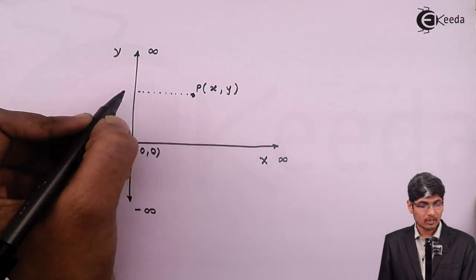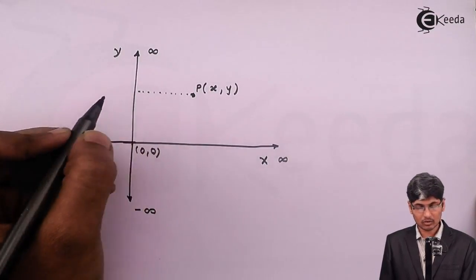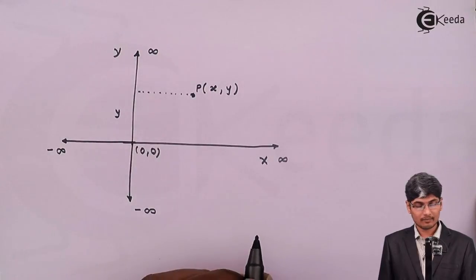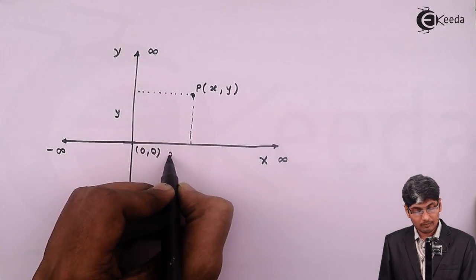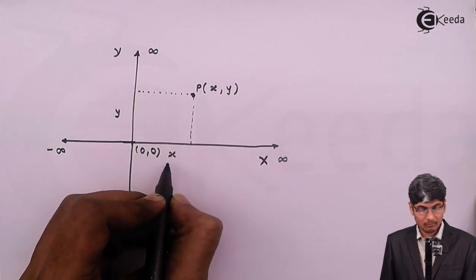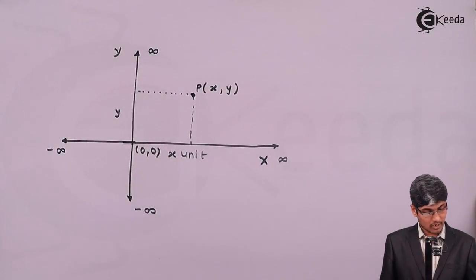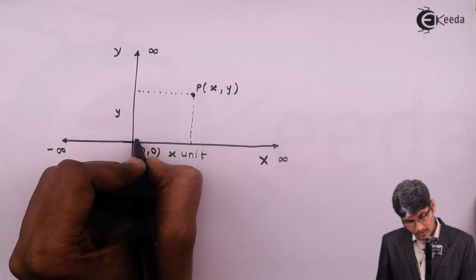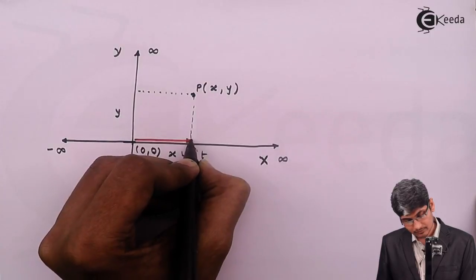We know that I have to walk x units on the x-axis and y units on the y-axis. So if I move x units in the x direction, I will reach here.